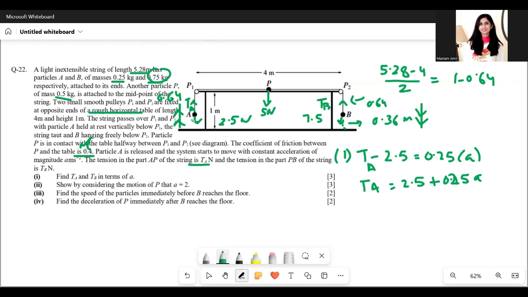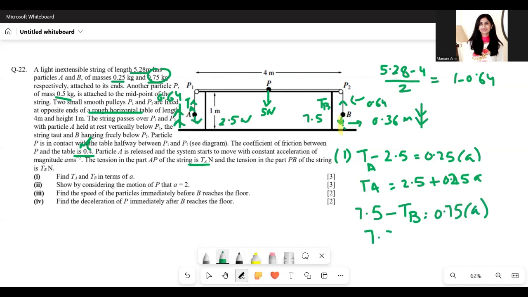Next would be the tension TB in terms of a. So we look at particle B. Since particle B is moving downwards, its forward force is going to be the weight, which is 7.5, minus the backward force, the tension TB, is equal to m times a, which gives 7.5 minus 0.75a equals TB.